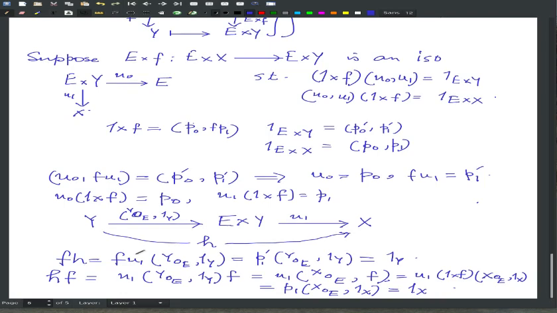Okay, it's a little bit complicated. So it shows that in a pointed setup, I needed this pointed setup, the change of base functor.